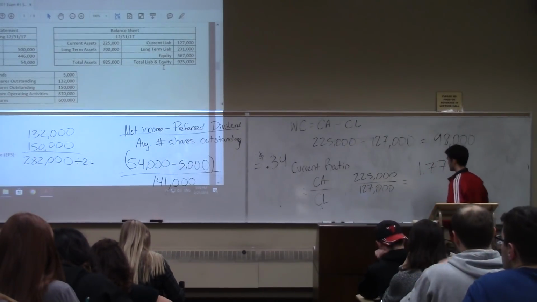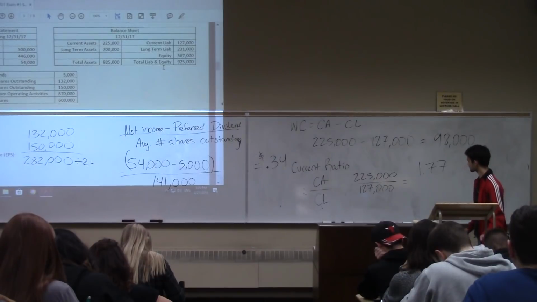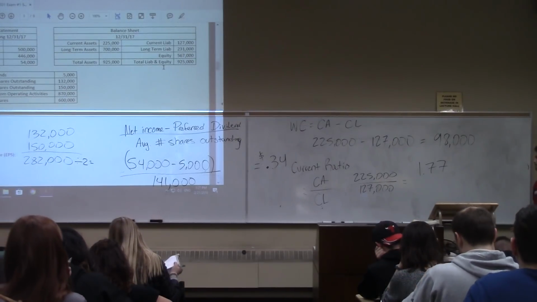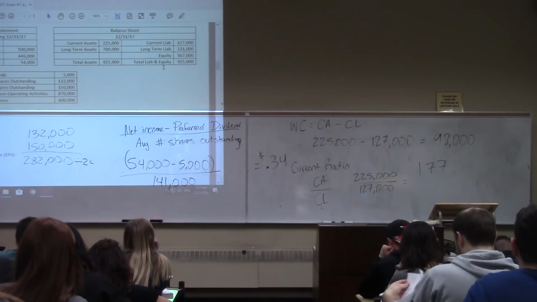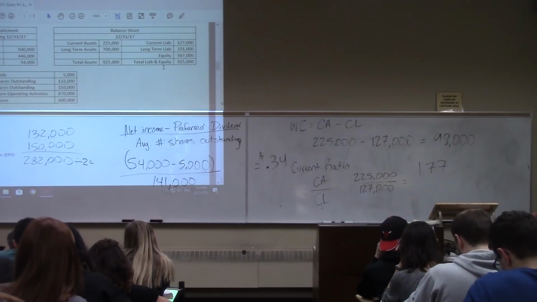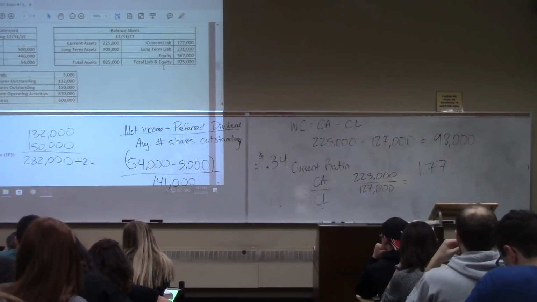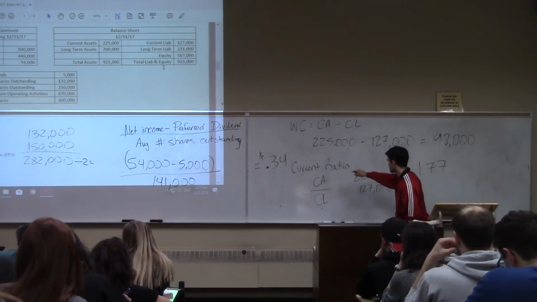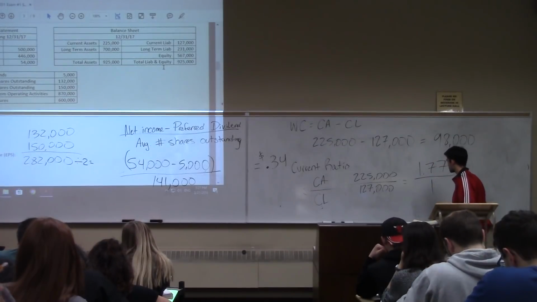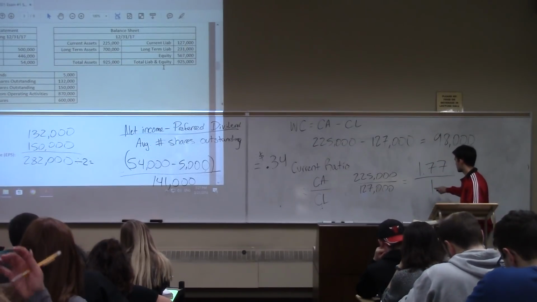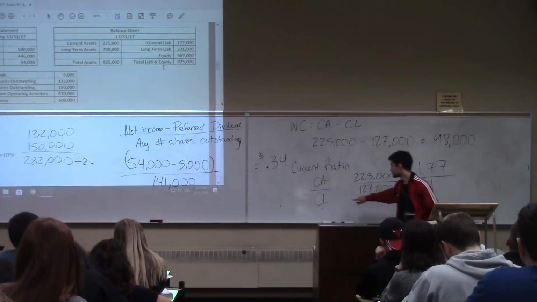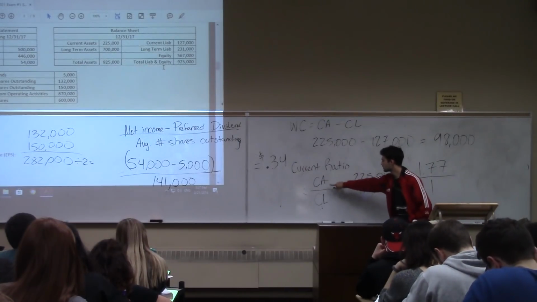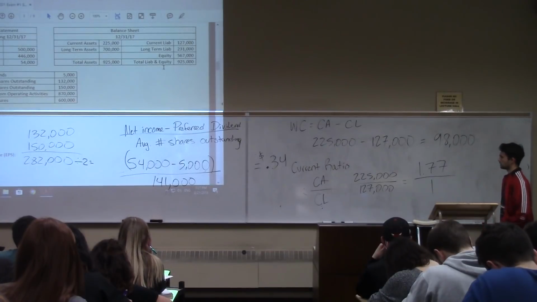And you should get 1.77. For the current ratio, again, I like to put a 1 in the denominator, and it tells me for every $1 in current liabilities, we have $1.77 in current assets.